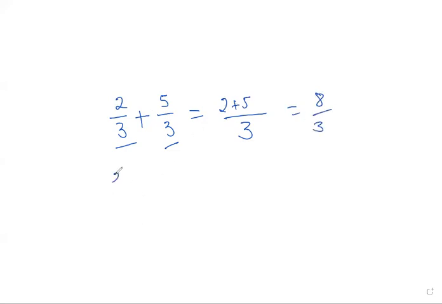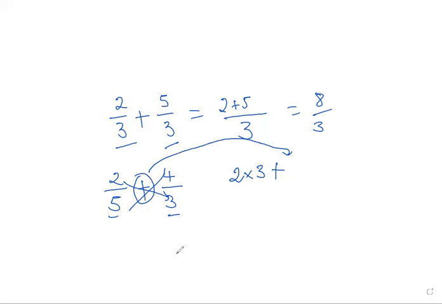But let's say we didn't have 2/3, but 2/5 plus 4/3. Obviously, they don't have the same common denominator. What you should do is called the cross multiplication. Take the first number to the left, so 2 times 3, plus the second number. The plus is the sign that is between them.